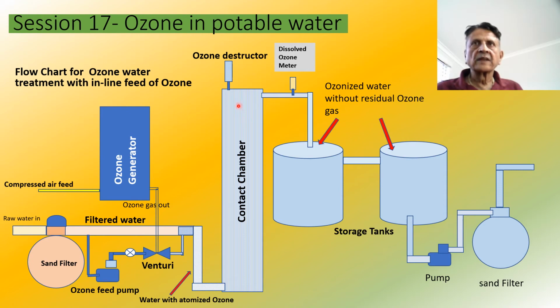Therefore, the ozone that is already pumped in the water here would have sufficient time to be absorbed by the water, and by the time the water comes to the top, it is totally treated.